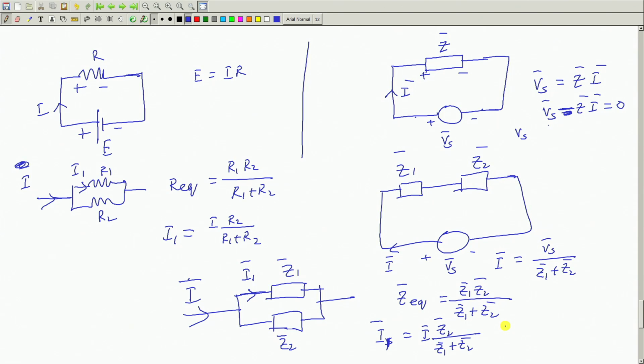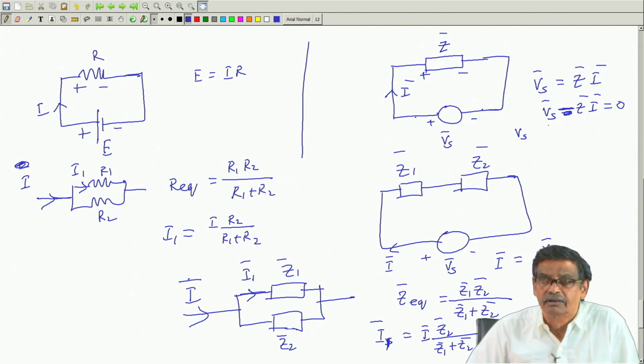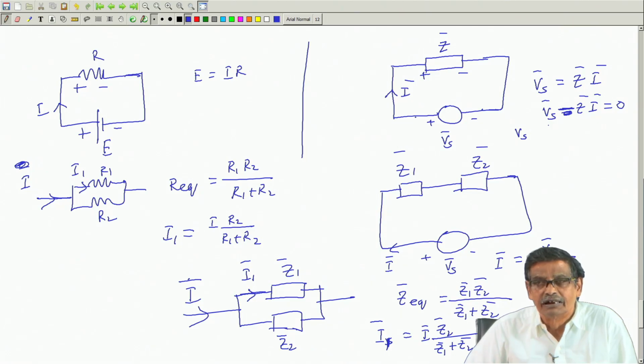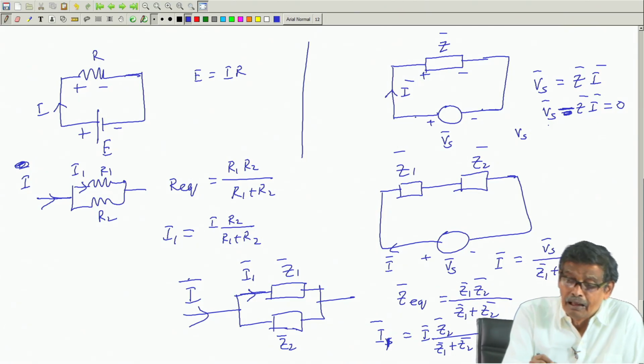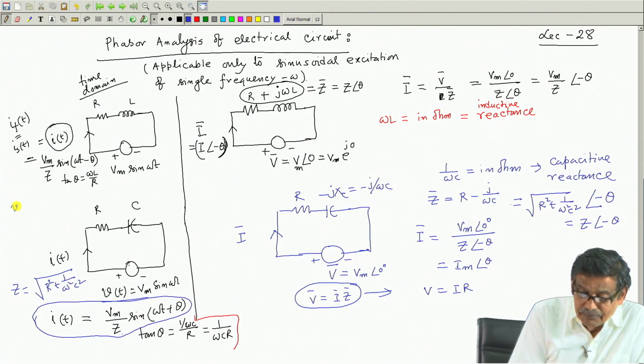All the things that we learned in DC circuit will be applicable also here. Star delta conversion of resistances can also be applied to star delta conversion in impedances.